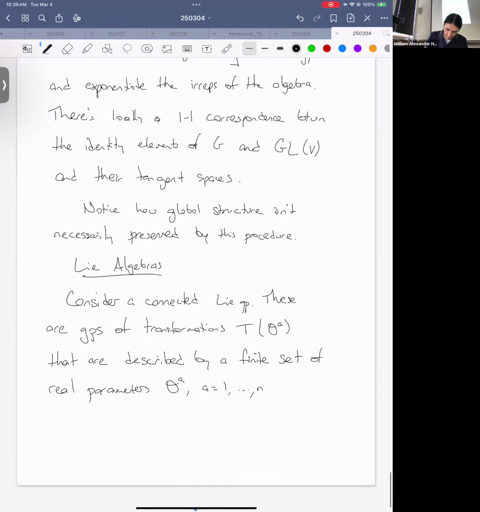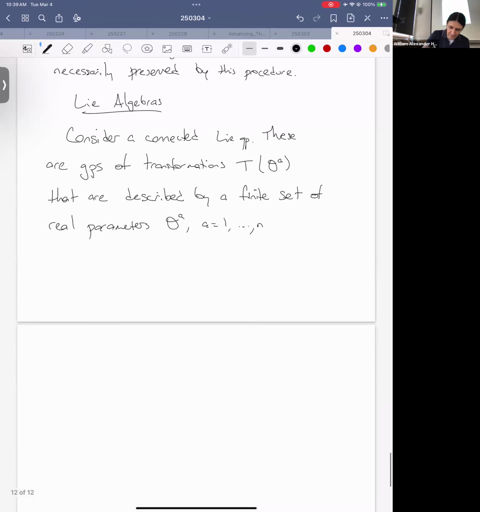All right, so I find a set of real parameters theta A from 1 to n, with each element of the group connected to the identity by a path within the group.